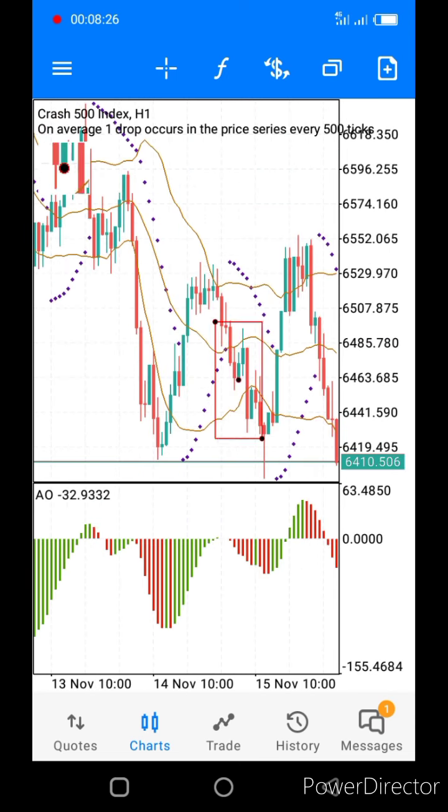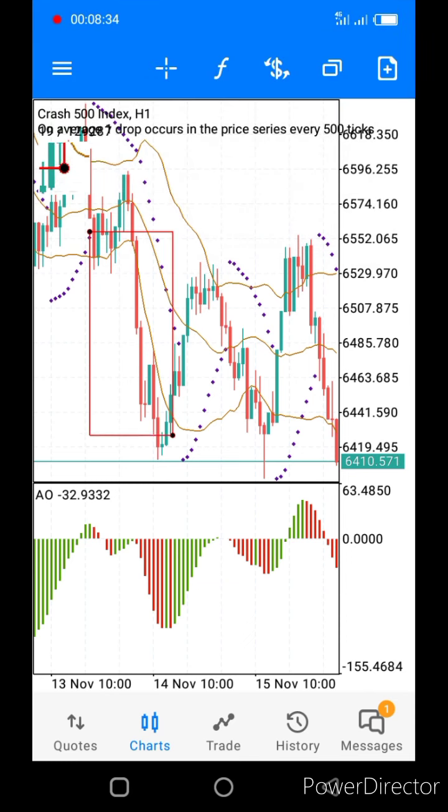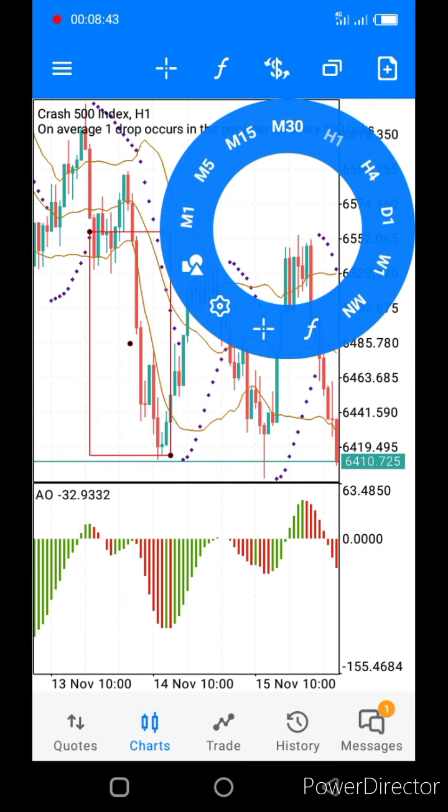So let us move to another sell signal and look at what happened there. So this is another sell signal here. Another sell signal here. Another sell signal.